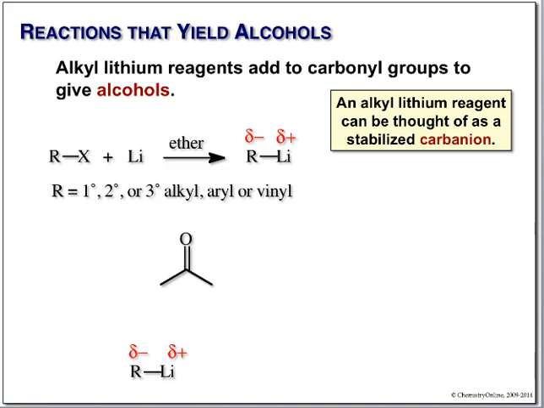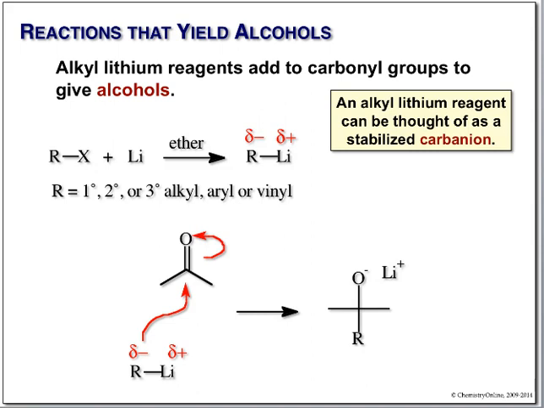Now you already know what's going to happen here, don't you? We have an R minus, and we have a carbonyl. This is simply going to attack our carbonyl. We're going to get our addition product. When we take and dump this into acid, we've converted our ketone into a tertiary alcohol.